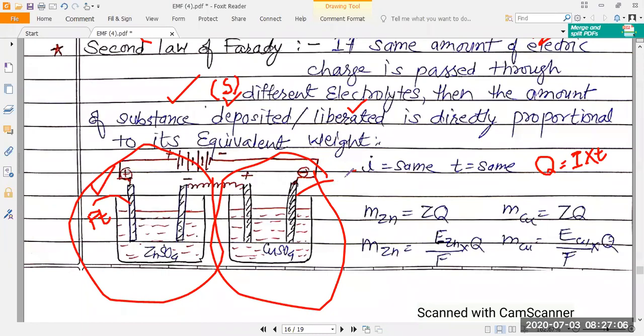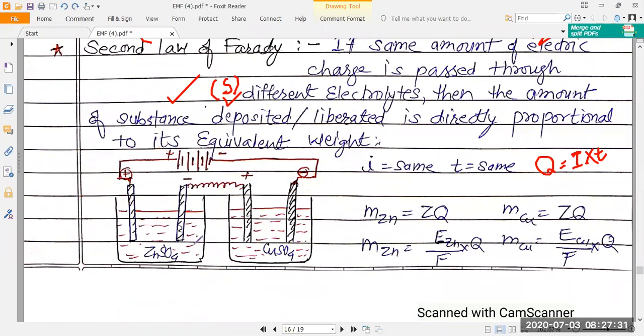If active, then the electrode will be copper. Here also, if active electrodes are taken, then the electrodes will be zinc, and if inert electrodes are taken, then they are made of platinum. The solutions are copper sulfate solution in this electrolytic cell, and zinc sulfate solution here.